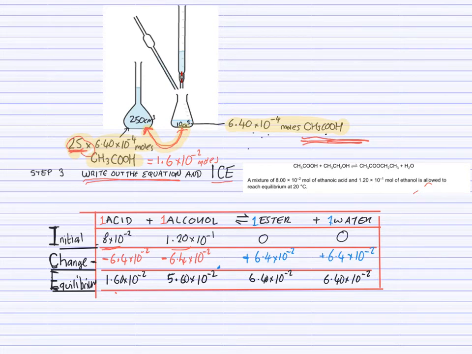Now what you must remember is for equilibrium we have to get the concentrations, but because we've got 2 moles on this side and 2 moles on that side, when you have equal moles on both sides, the volume cancels out, so we don't need to work out the molar concentration.